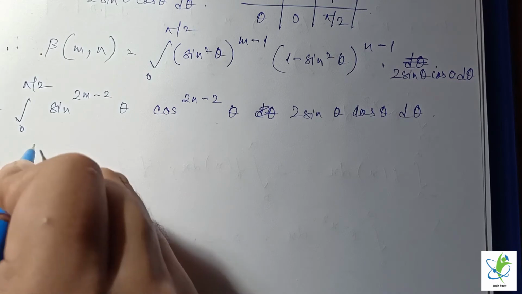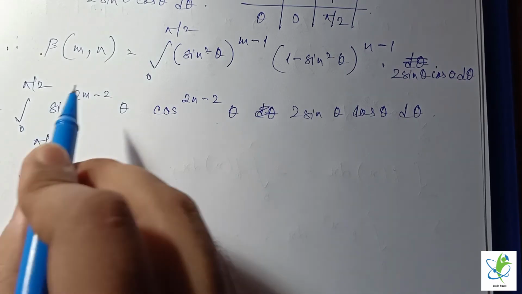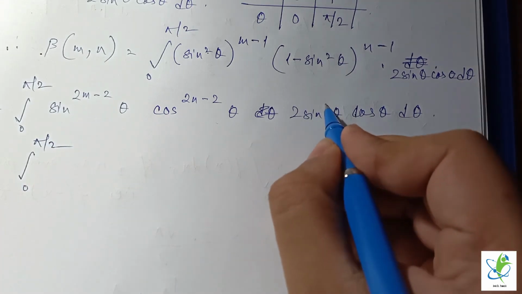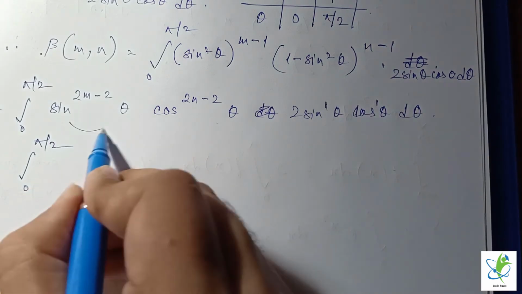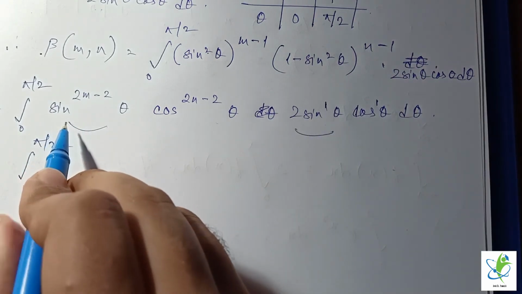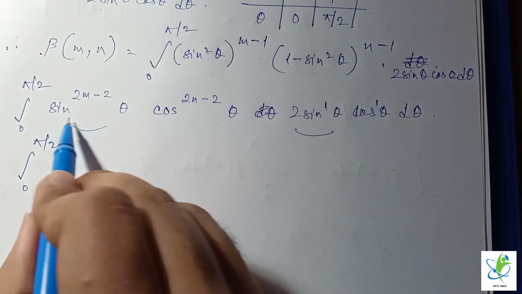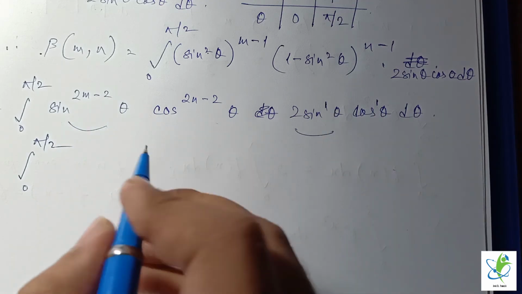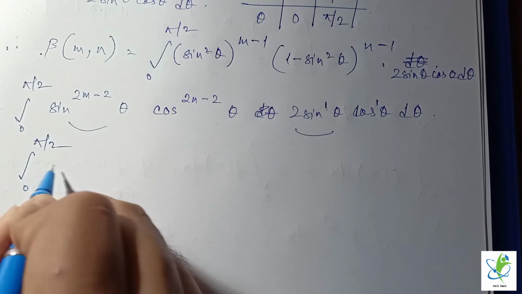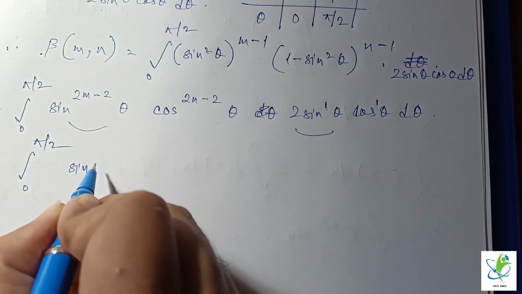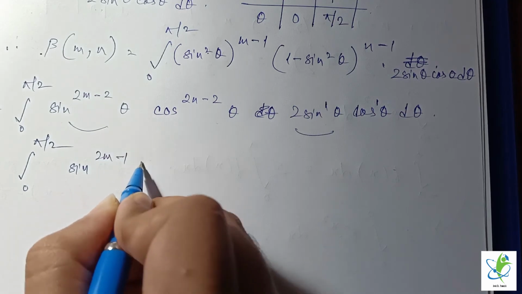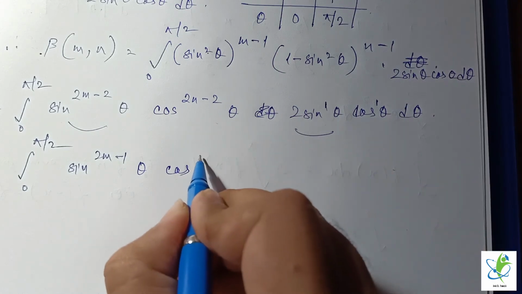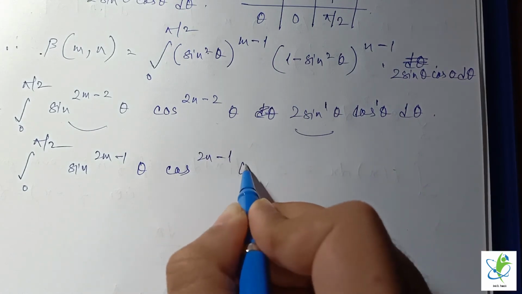Now you see the power 1 and power 1 are addable, because the bases are the same. So it will be sine 2m minus 2 plus 1, and minus 2 plus 1 is minus 1, so you can write sine 2m minus 1 theta, and cos 2n minus 2 plus 1, so 2n minus 1 theta d theta.